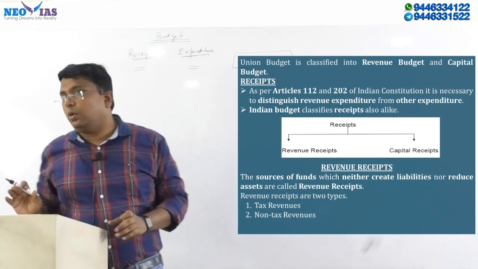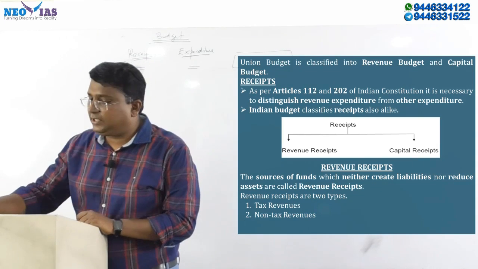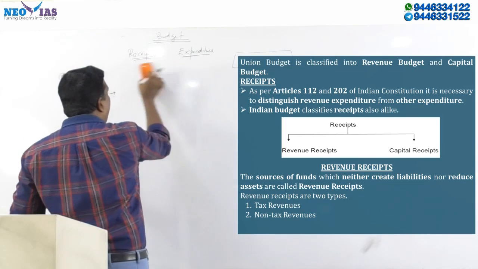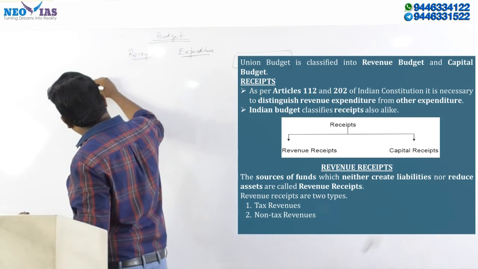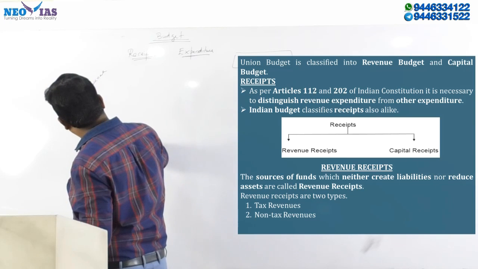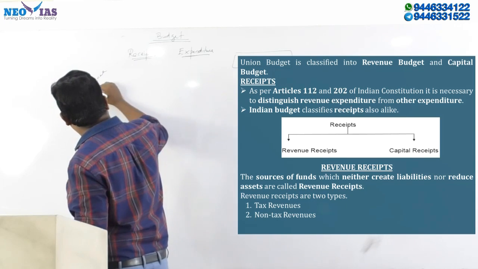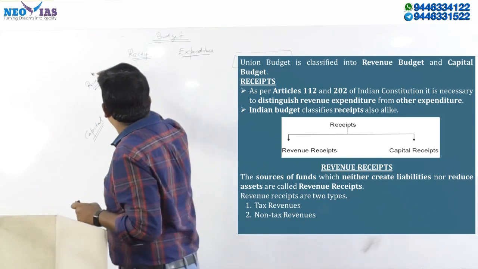Now we are going to classify receipts and expenditure. Budget has two accounts: the revenue account, or revenue budget, as well as the capital account, or capital budget.